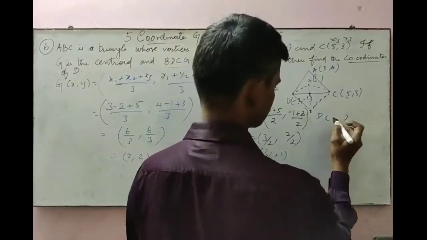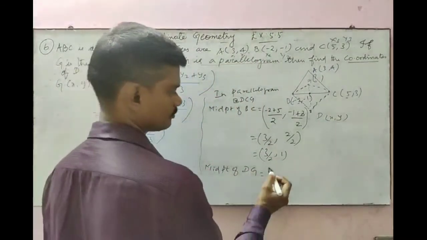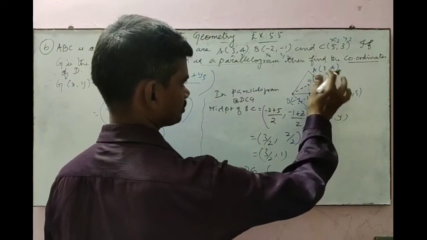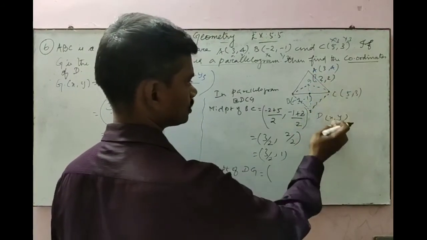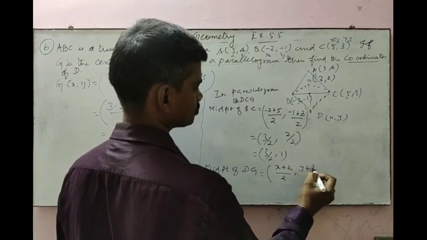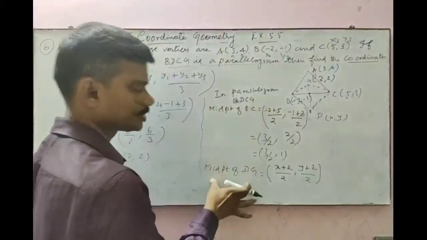We don't know the coordinates of D, so we assume it as x, y. For that the formula is, what is G here? G is 2, 2. x plus 2 by 2, y plus 2 by 2. In a parallelogram both the midpoints are equal.